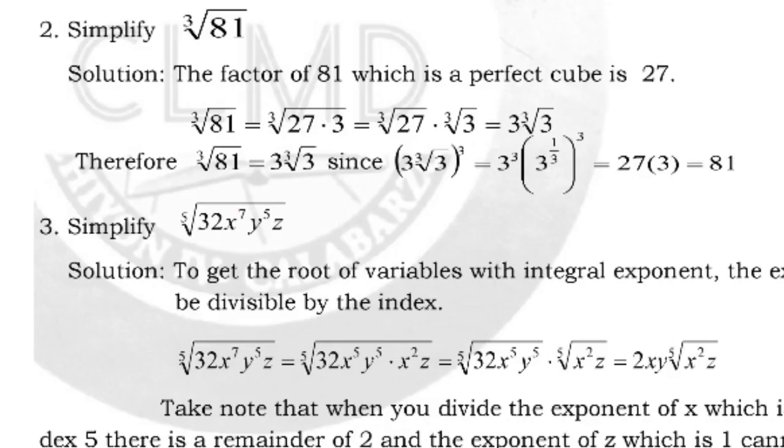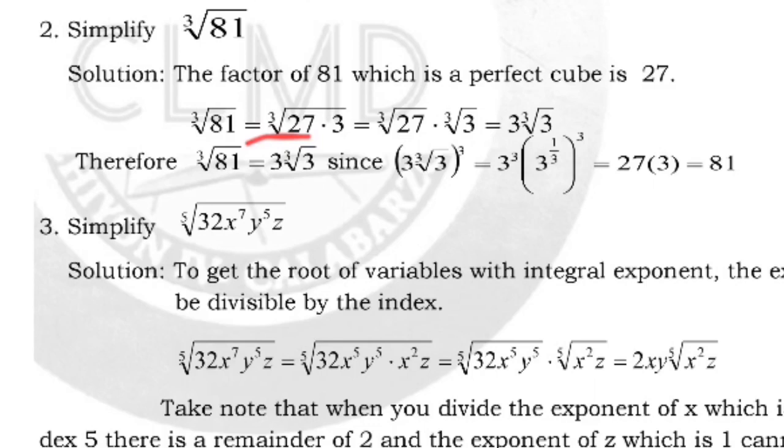Number 2, simplify cube root of 81. For our solution, the factor of 81 which is a perfect cube is 27. So cube root of 81, 81 is 27 times 3, so we are going to have cube root of 27 times 3.